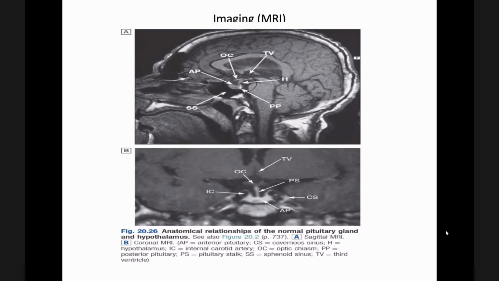So you can see the same scenario here. The pituitary gland is here, the pituitary stalk is here, and just above it the optic chiasma. So side by side, on both sides there is the internal carotid artery and also the cavernous sinus.